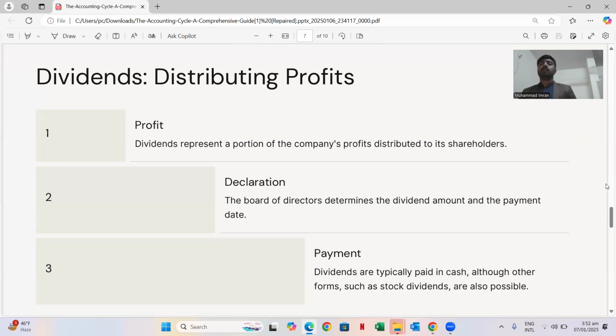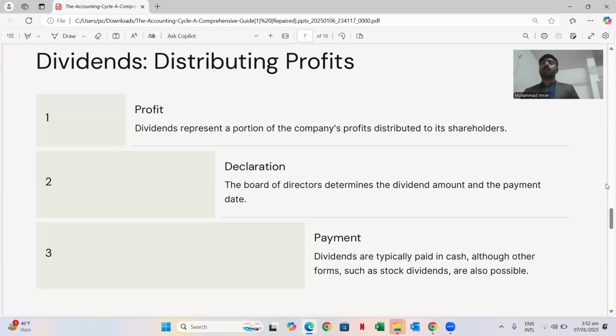There are two types of shareholders, preferred shareholders and common shareholders. Preferred shareholders are given the dividends first, and after that, the common shareholders. These payments are usually made in cash, but if someone wants, they can also get stocks in that company.